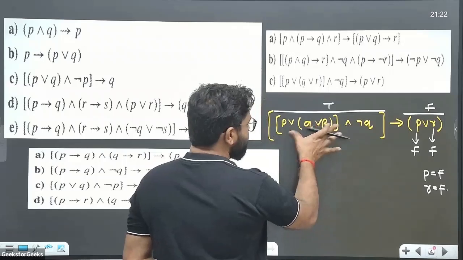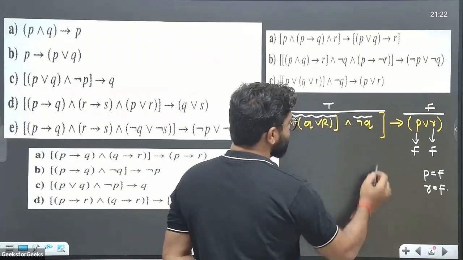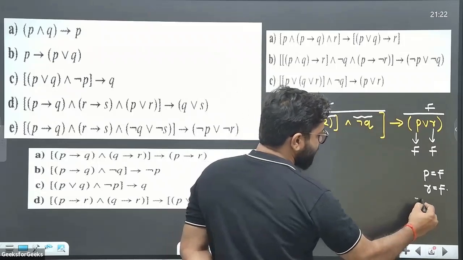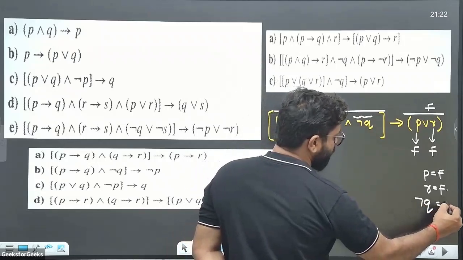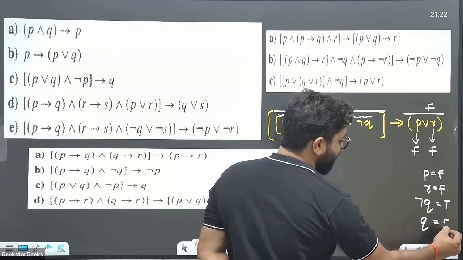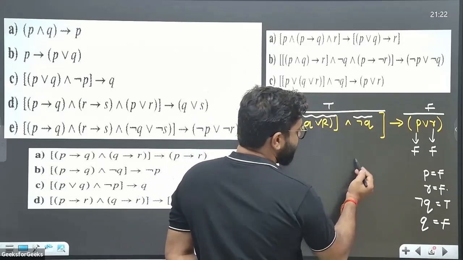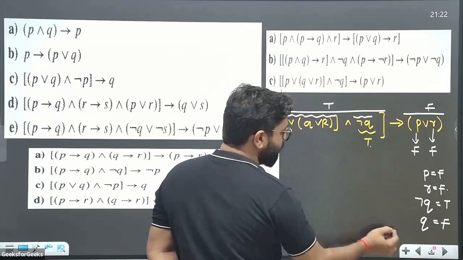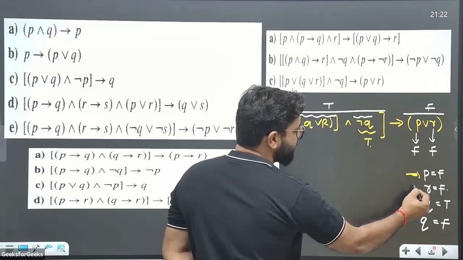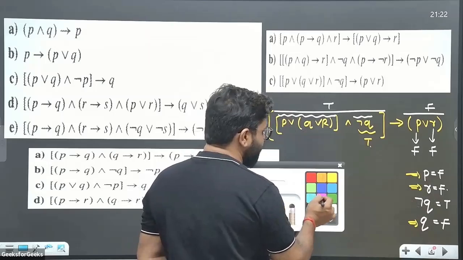Now, if this must be true, that means this box must also be true, and this box must also be true. If negation of Q is true, then the value of Q is false. So this negation of Q will also become true. We got the values P as false, R as false, and Q as false. So we got every value.